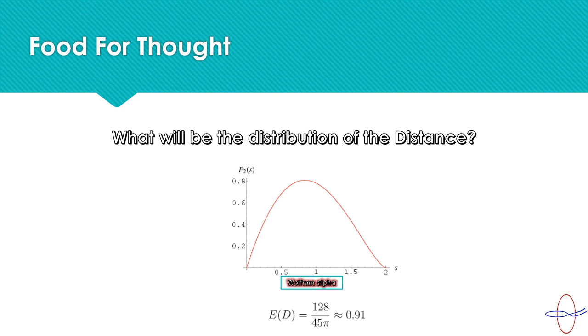So the probability of less than one is much more than the probability of more than one. Don't get me wrong because of the graph, but it's essentially the idea that smaller has a much better chance than bigger, I mean, less than one and more than one. And the expectation comes in beautifully in terms of pi, but essentially it's around 0.91.